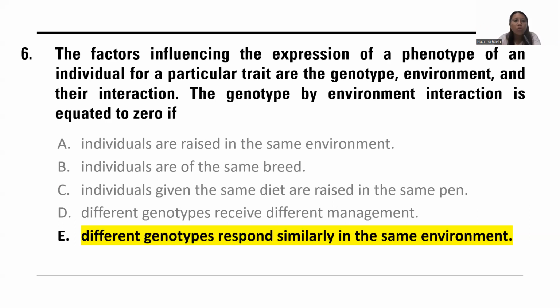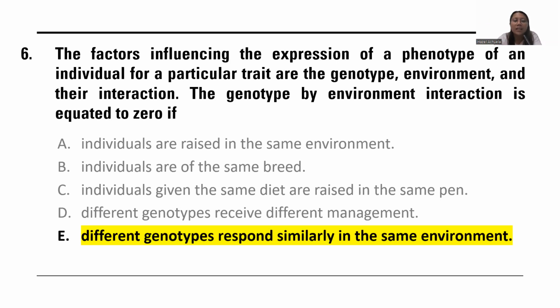In the same way, the other scenario when G by E becomes 0 is when the same genotypes respond similarly in different environments. Our situation earlier was different breeds but the same management. Now, it is the same genotype, meaning the same breed but different management.